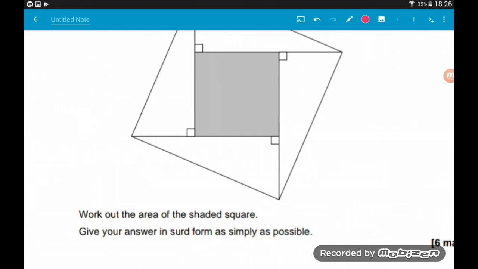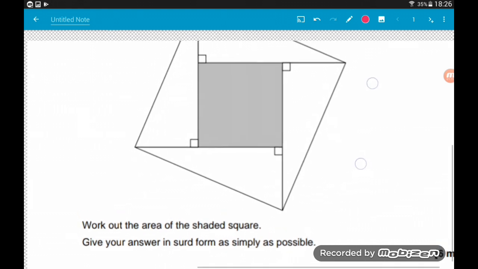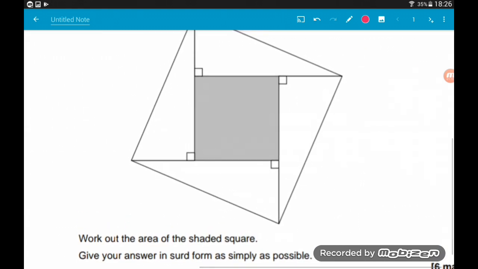So let's first of all work out our game plan. We want to work out the area of a square. Now that's not too scary, that's the base times the height. The problem is that we don't know the side lengths of the square, so we're going to need to work those out first of all. However, we can't do that because we don't know this third length of the triangle, the base length of the triangle.